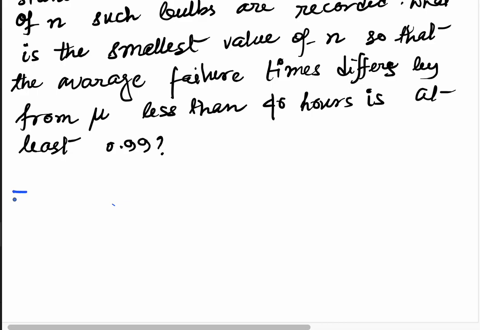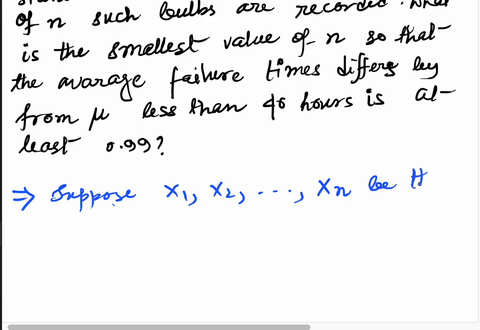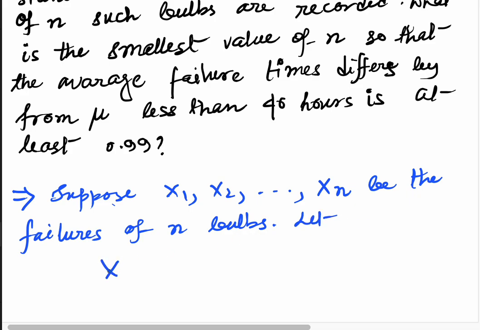So let's do it. Suppose x1, x2, dot dot dot, xn be the failure times of n bulbs. Let x bar equal to 1 over n sigma i equal to 1 to n xi.